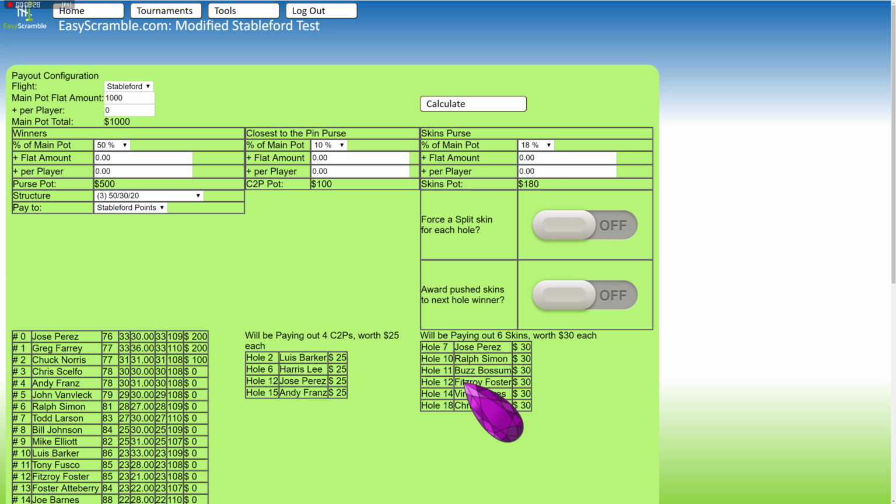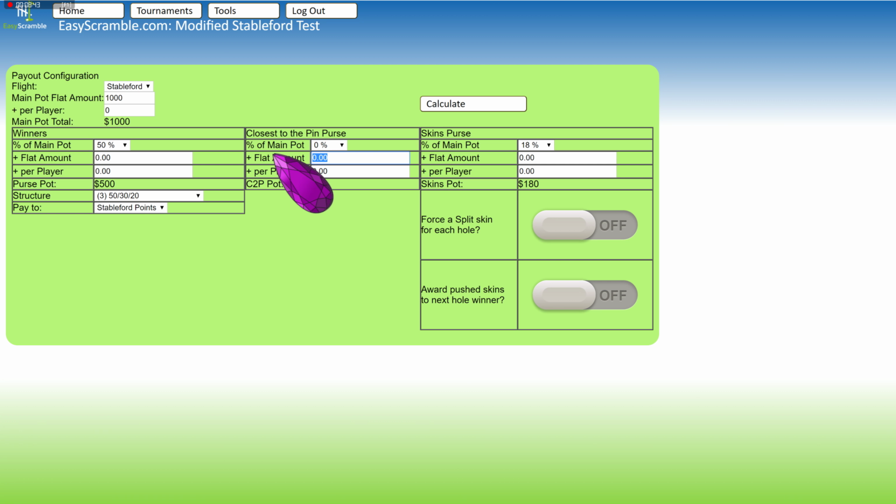But basically what I'm saying here is you have a variety of configuration options. You have the ability, if you have a specific sponsor, let's say for instance that our closest to the pin contest was not coming out of the main purse. Let's say that we had a local business that put up $500 and we put a banner out front for them, and that money came from them.